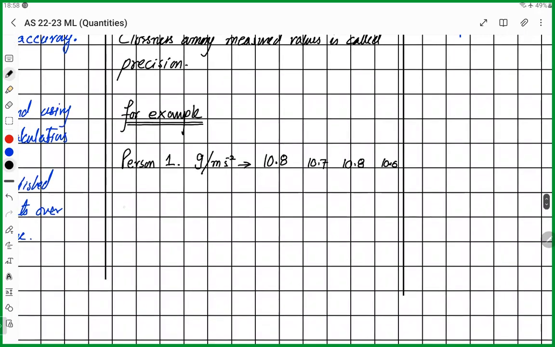Another person, person two, measures the value of g and finds it 8.8, 9.8, 9.1, and 10.6.